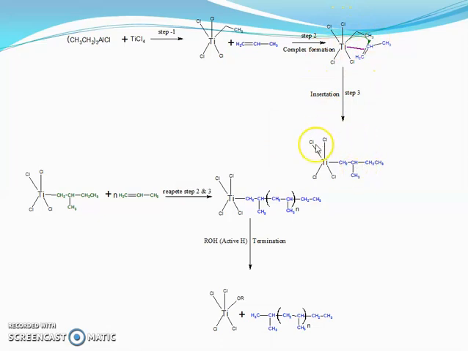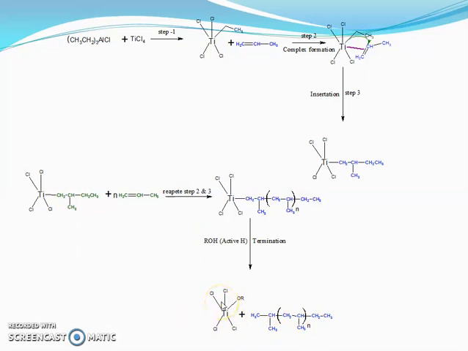After formation of this product, the next alkene molecule can insert into the Ziegler-Natta catalyst. So repeat the same step to form this type of product. Then after, we can stop the reaction, which is called termination of the reaction, by using ROH, that is an alcohol, and the product is the polymer.